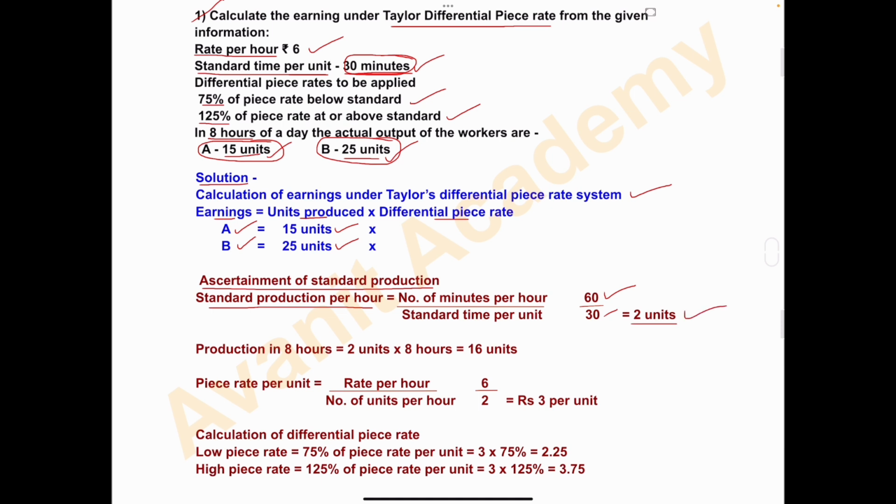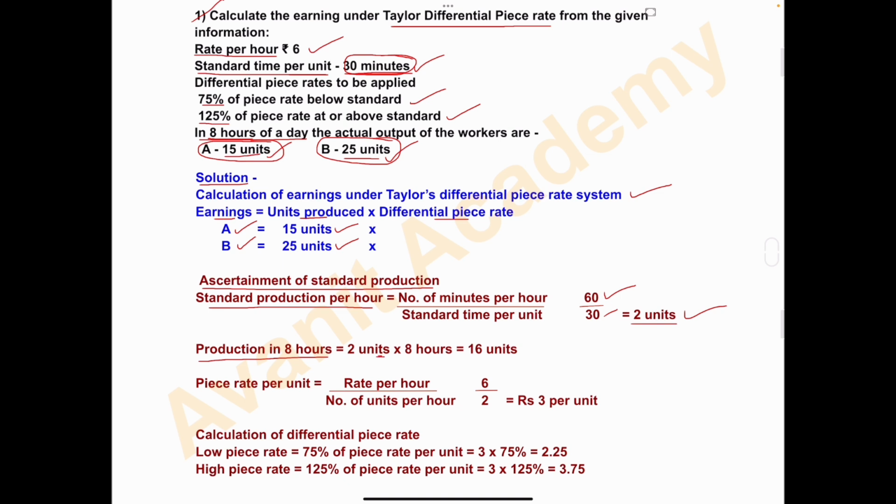So what is the production in 8 hours? These workers are working for how many hours? 8 hours. So in 8 hours, how many units can they produce?